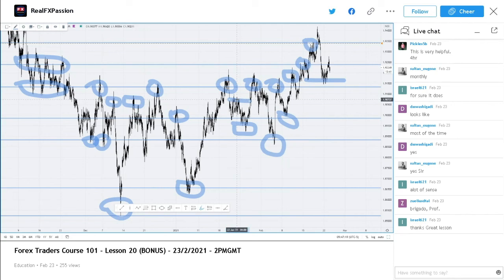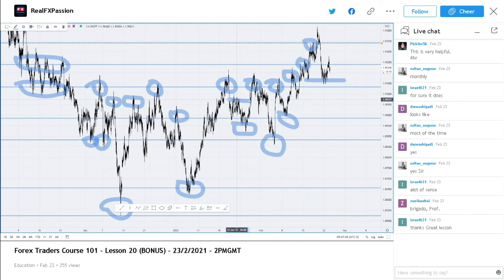So before we finish today, everybody, does the market react? This is the question for the beginner trader to understand. Does the market react to the monthly support resistance pivot points most of the time? Yes or no? Try to make an educated decision.